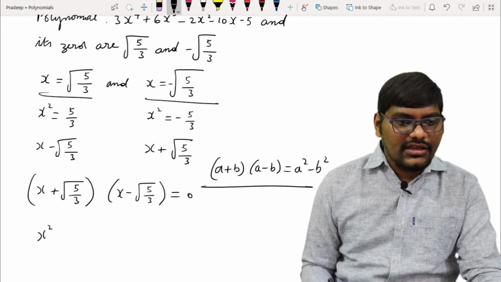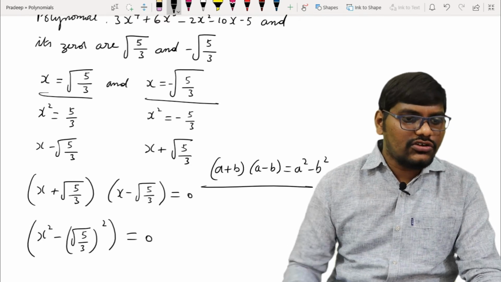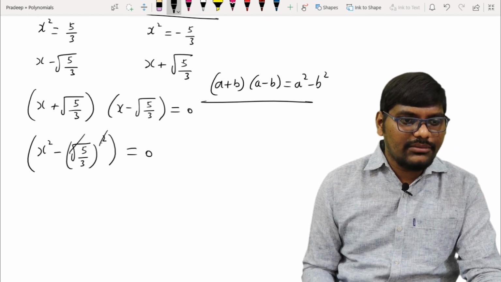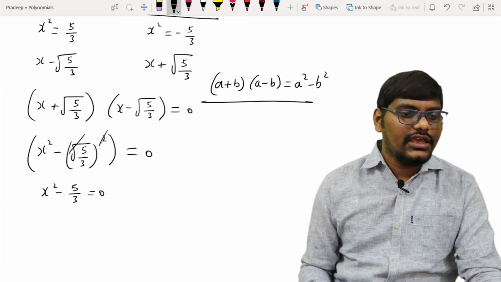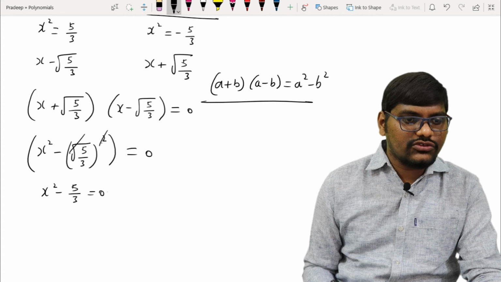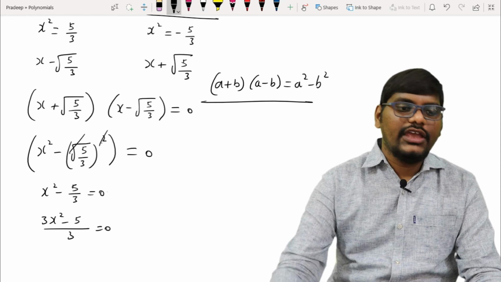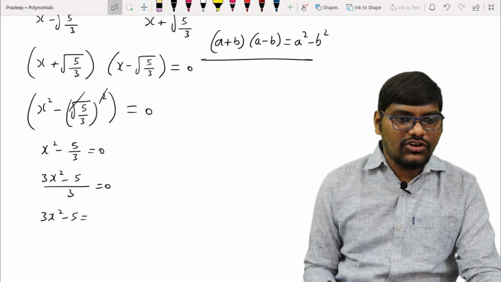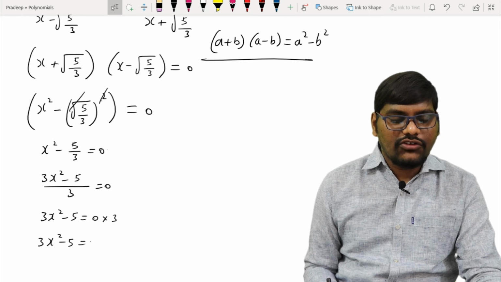So I can write x square minus under root 5 by 3 whole square, equal to 0. We can cancel the root and square, and we remain with x square minus 5 by 3 equal to 0. We'll further solve it by taking the LCM, so this becomes 3x square minus 5 whole by 3 equal to 0. If I send 3 to the other side, we get 3x square minus 5 equal to 0 into 3, so 3x square minus 5 equal to 0.